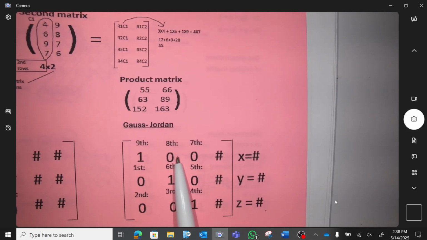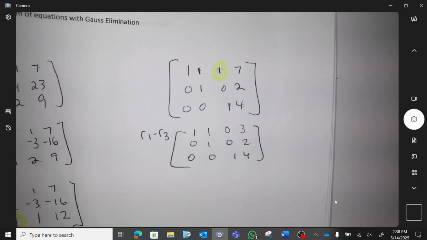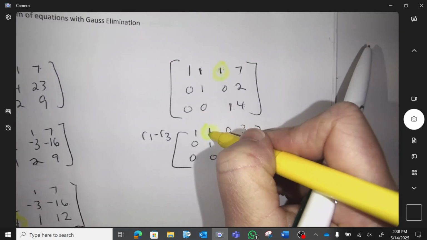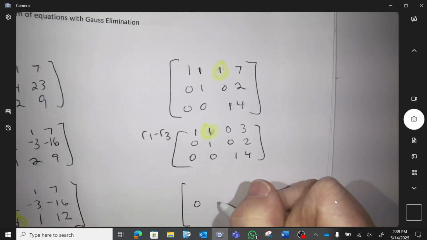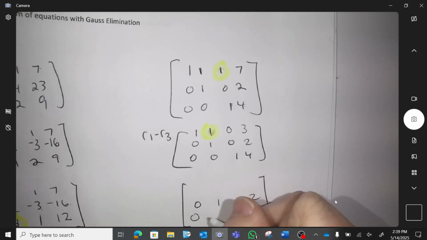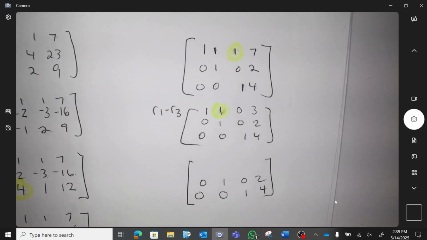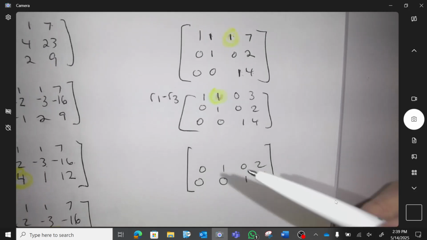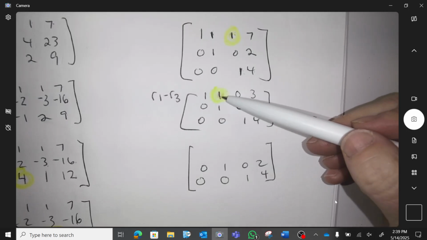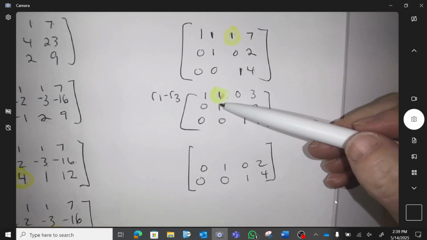Step 8, 0 here. 0 that. So I'm going to spend some time copying the second and the third. Okay, I have to put it with a row 2. That's the only way.